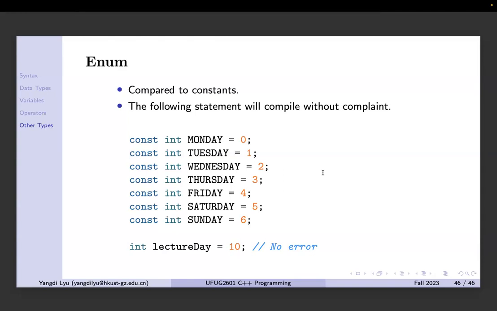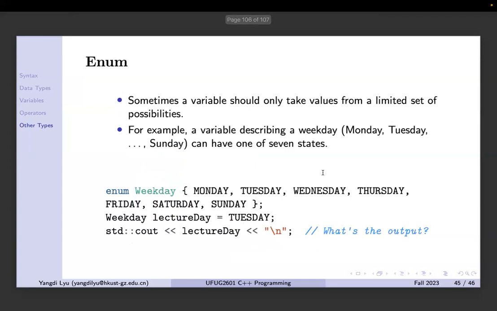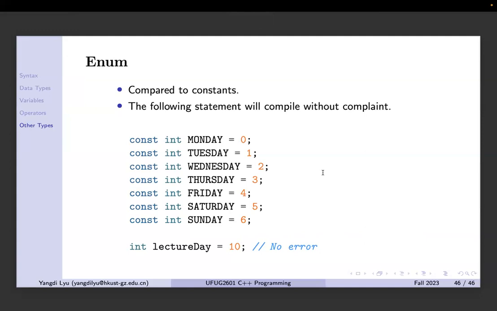If you allow it to be any integer, you can assign any value to it. It may be outside of Monday to Sunday. So from the meaning point of view, enum has a better meaning. You constrain everything to choose from these things. If you allow lecture day to be an integer, it can be any number, or even a negative number. It doesn't mean anything. So enum can be used in this way.